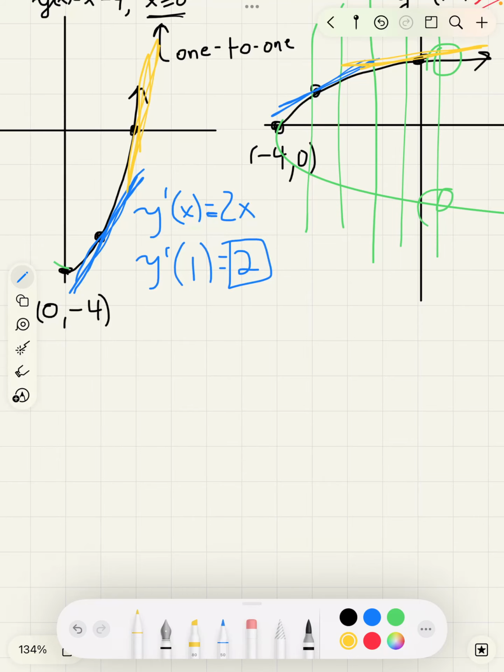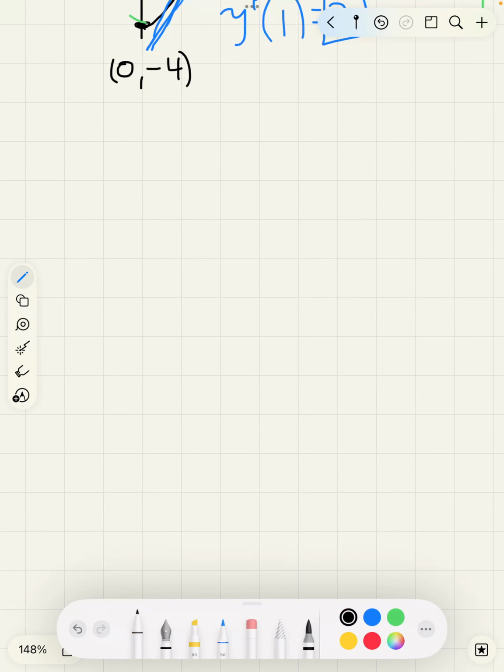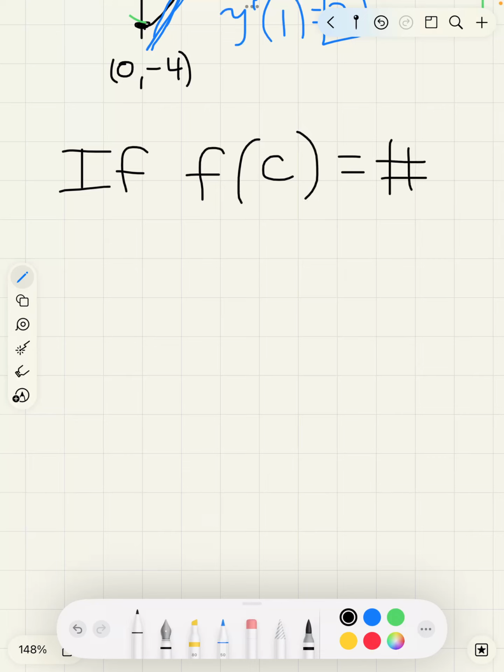So that's to say the rule that we're going to use to find derivatives of inverses is, let's say that we have any function f evaluated at some x value that we'll call c. Let's say that the y-coordinate at that point is some number.